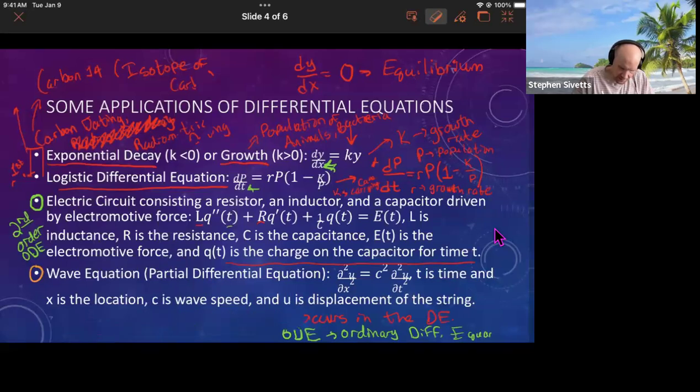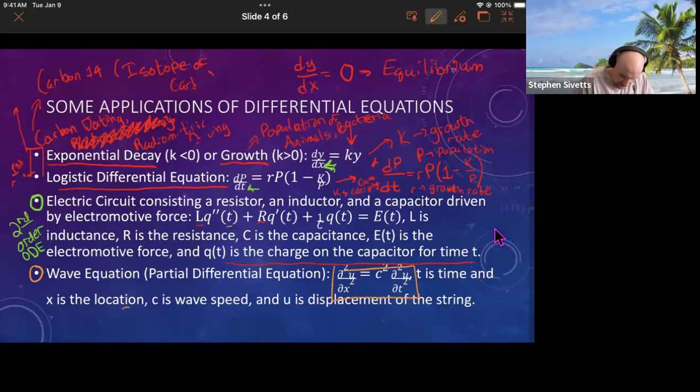So I'm going to erase some of this here because I want to just write out what this equation is saying. So this equation is supposed to be expressed like this. So the second partial of u with respect to x squared equals a constant c squared times the second partial of u with respect to t squared.